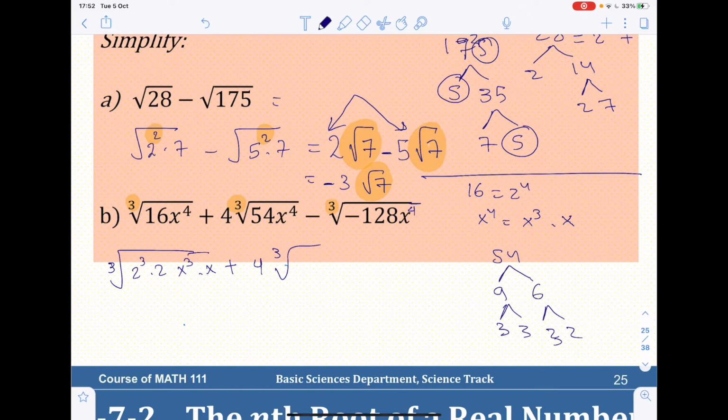Okay, so 54 is 3 to the power 3 times 2. Then x to the power 4, I can write it as we said here, x to the power 3 times x. Okay, the third root minus the third root of negative 128.